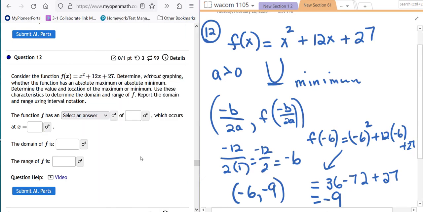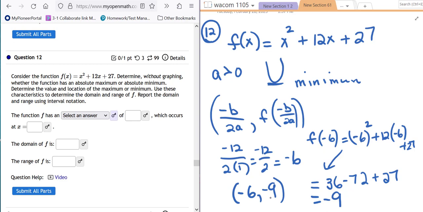All right. Now, we have the vertex, right? So we have to know what the vertex means. The x-coordinate is where the minimum occurs. The value of it is the y-coordinate. So you have to watch these.